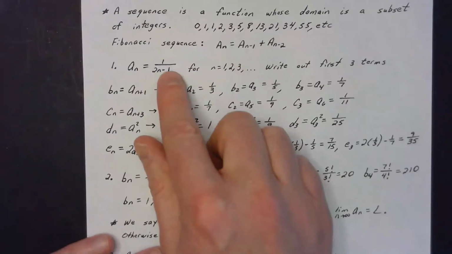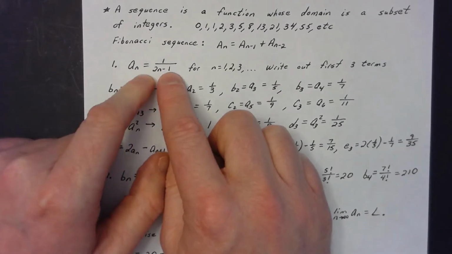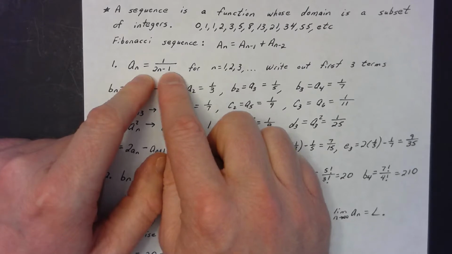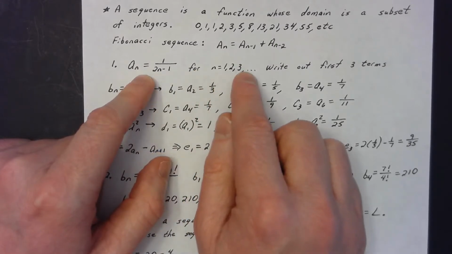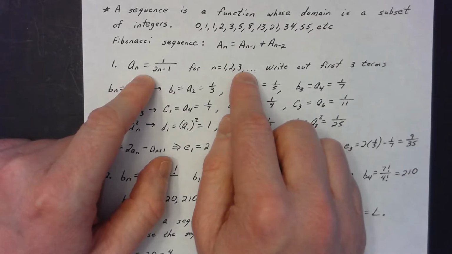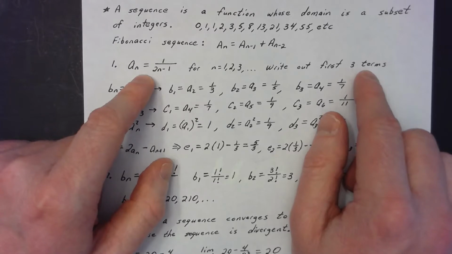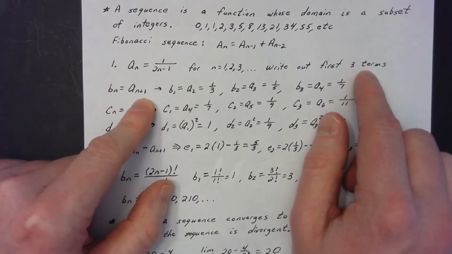Let's say I tell you that a sub n is a sequence defined with the formula 1 over 2n minus 1, and that it's defined for n equal to 1, 2, 3, and so forth. Now, I want us to write out the first three terms of these sequences that are dependent upon the answer for a sub n.